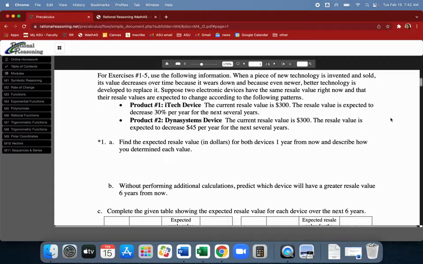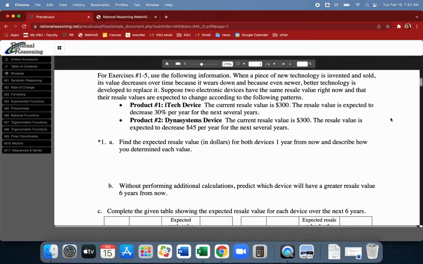Alright, so the first product, the iTech device, the one that's decreasing in value by 30% per year, just after 1 year, 30%, it's almost a third. What would its new value be?